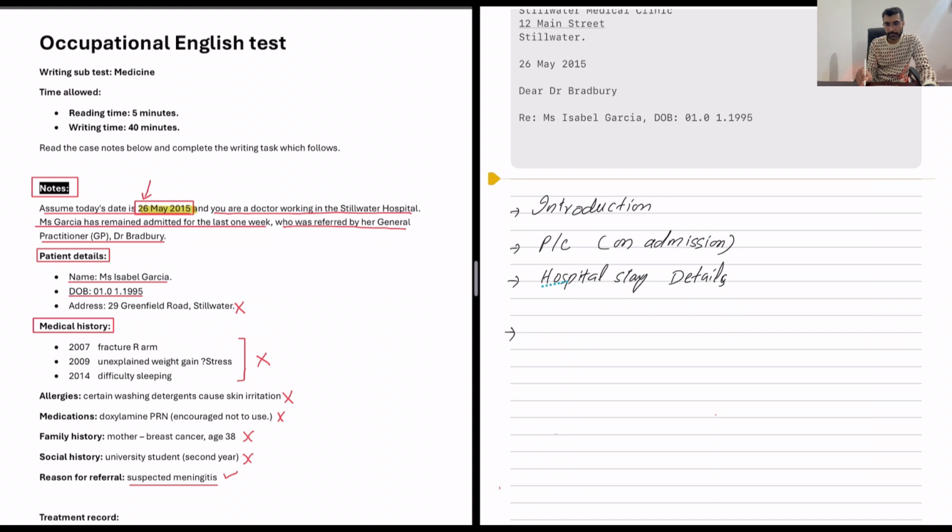After that, the patient's current condition. Current status, that is, whether the patient's condition is improving or not. Then any recommendation, any advice. Then conclusion.